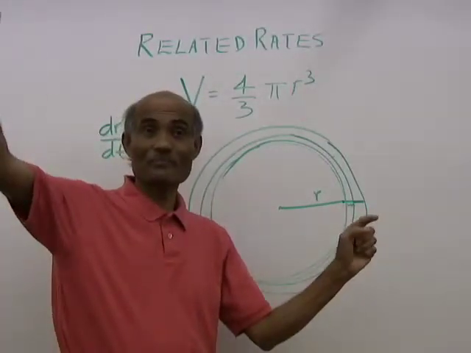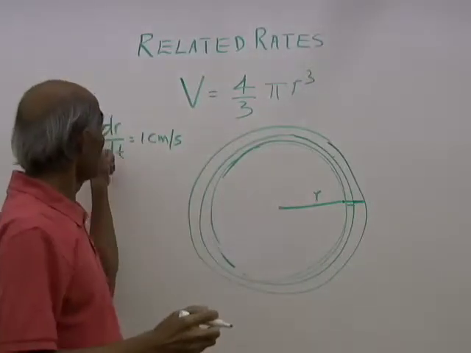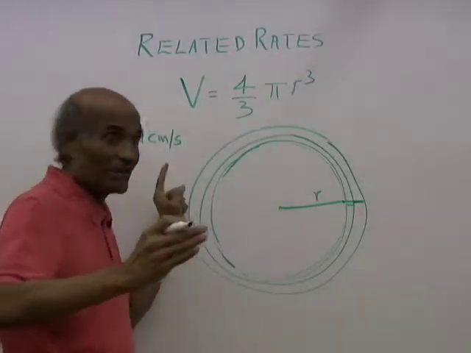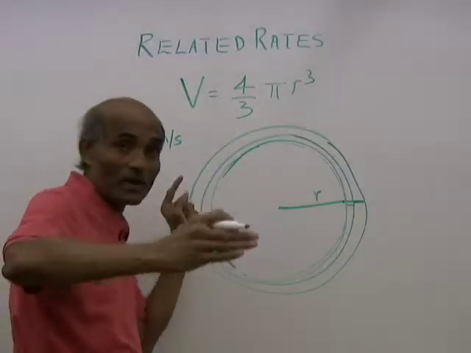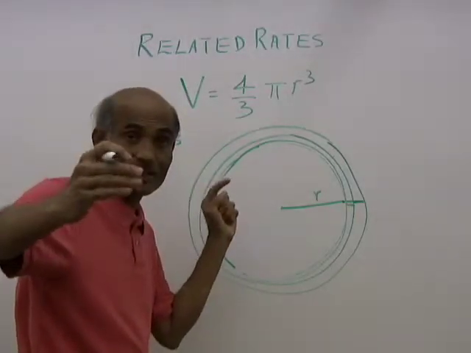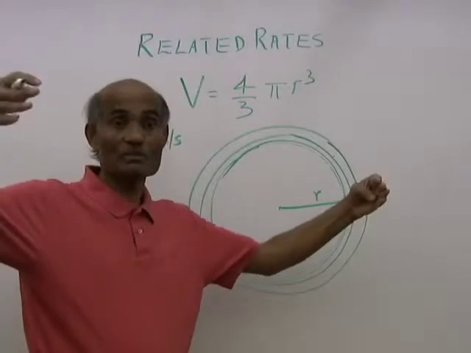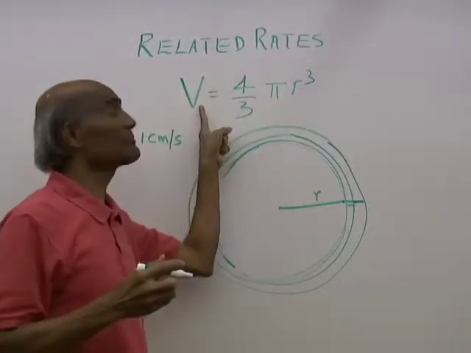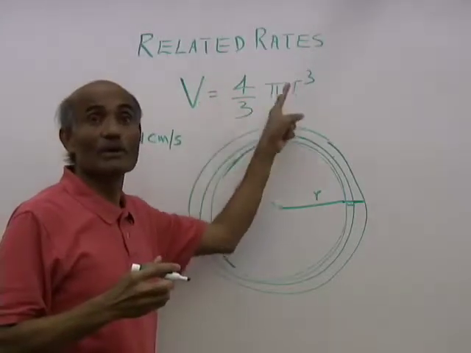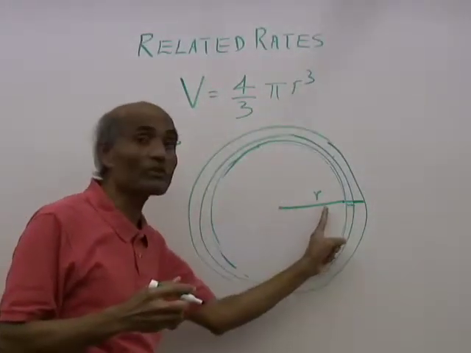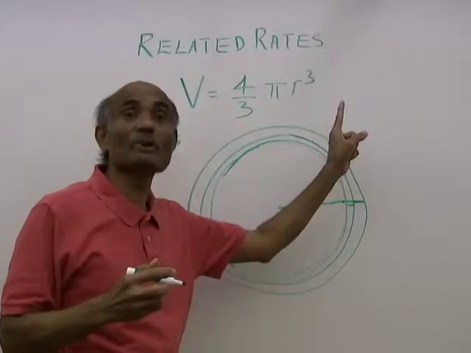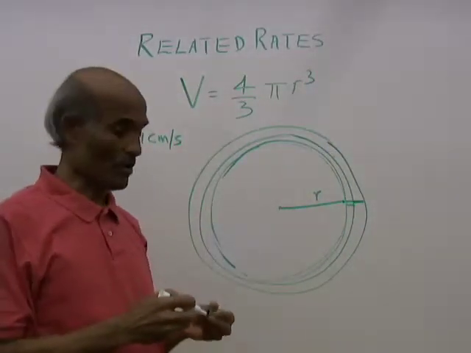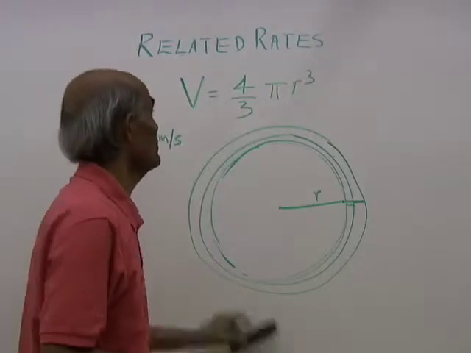In other words, as the radius increases at 1 centimeter per second, each second, the increase in volume is greater and greater and greater. The rate of change of volume depends on the radius, and also on the rate at which the radius changes. Alright, now how do we represent this?